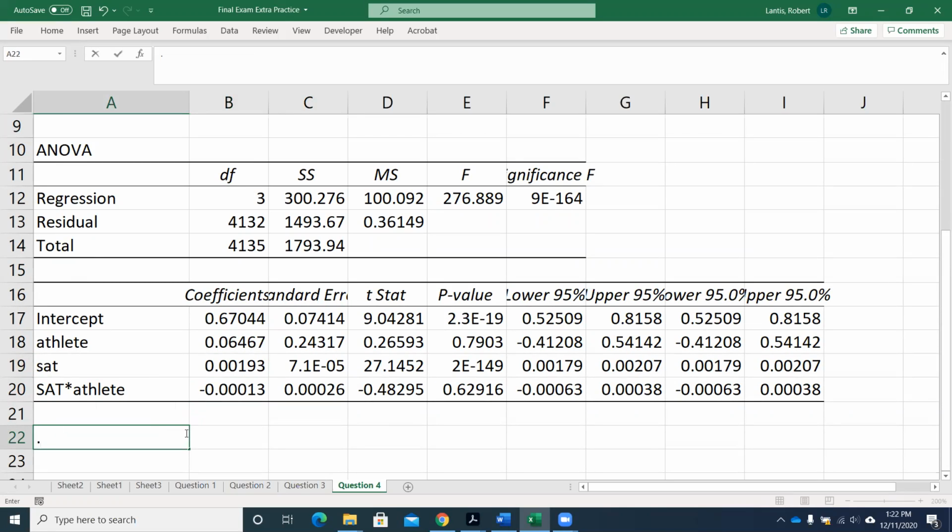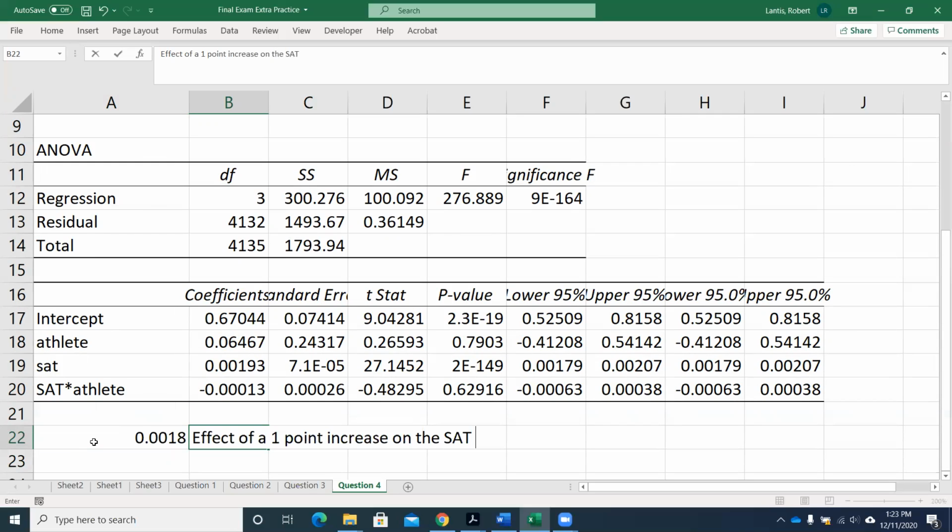So the effect of a 1-point increase on the SAT score for an athlete will be the coefficient on the SAT score plus, and here, because it's negative, we're actually going to subtract it, plus the additional coefficient on the interaction term, right? So let Excel do that for us. This is the effect of a 1-point increase on the SAT for a student athlete.